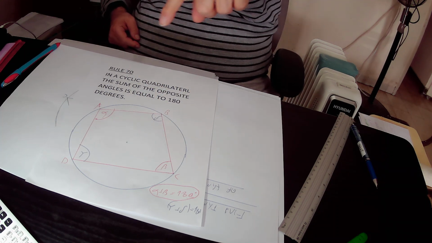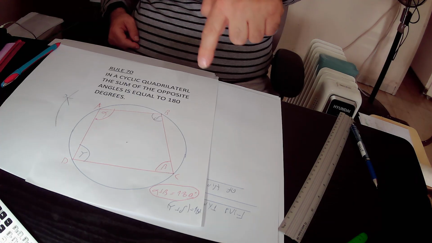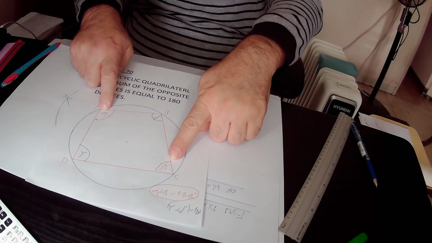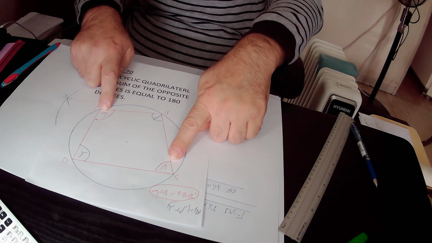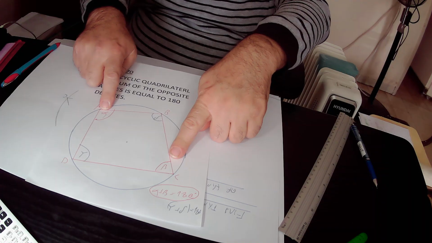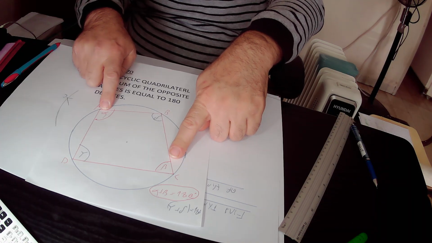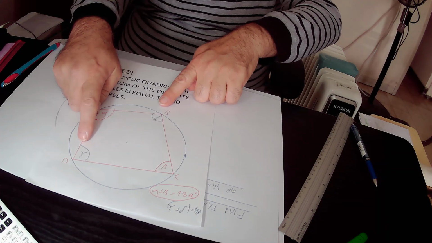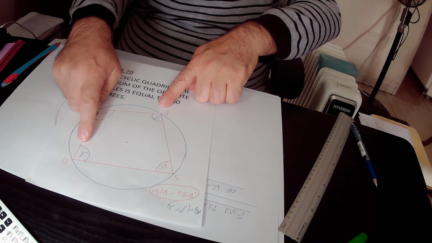Because quadrilateral ABCD is a cyclic quadrilateral, the sum of those two opposite angles must be equal to 180 degrees. This is to say, alpha plus beta equals 180 degrees. Likewise, the sum of those two opposite angles must also be equal to 180 degrees. That is to say, gamma plus delta equals 180 degrees.